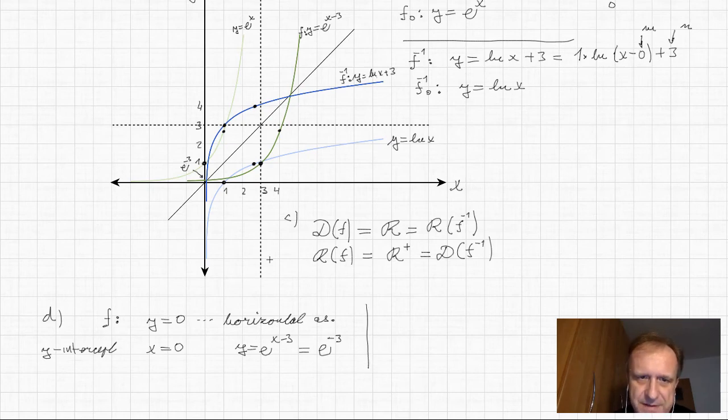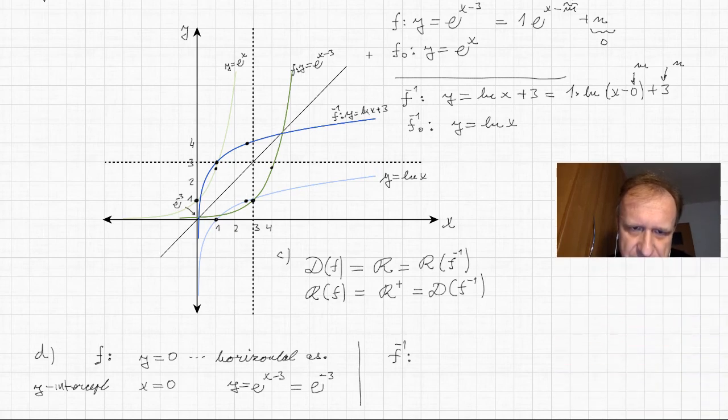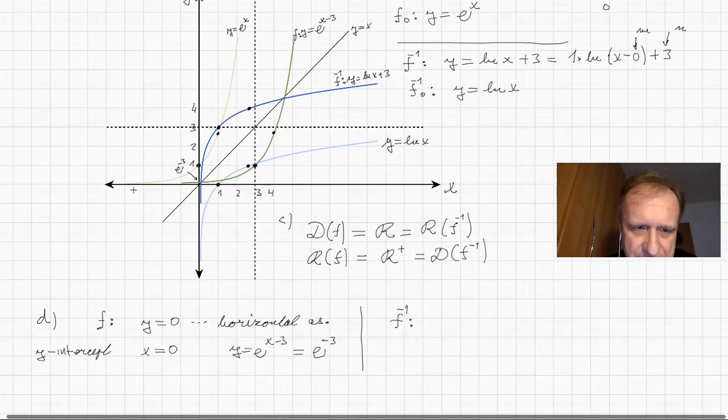Now, since the blue function, the logarithmic function f inverse, is related to the original function f by the fact that it is its reflection on the diagonal of the first and third quadrant, this line y equals x, it is just the reflection. So it means that if the x-axis was the asymptote of the green function, then the image of the x-axis must be the asymptote of the blue function.